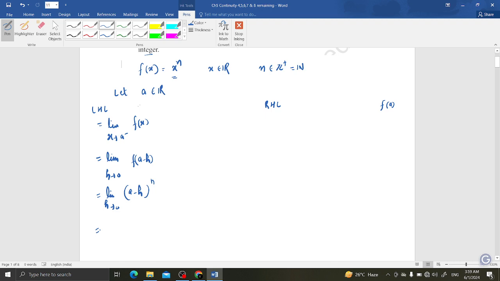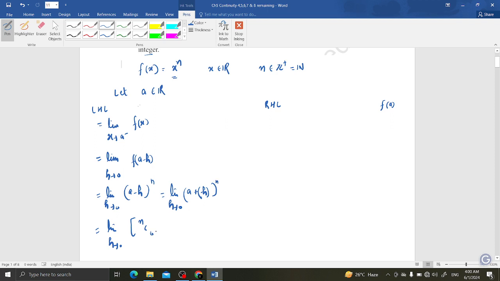By the binomial theorem, if we expand this, what do we get? The limit as h tends to 0 of (a plus minus h) whole raised to the power n.